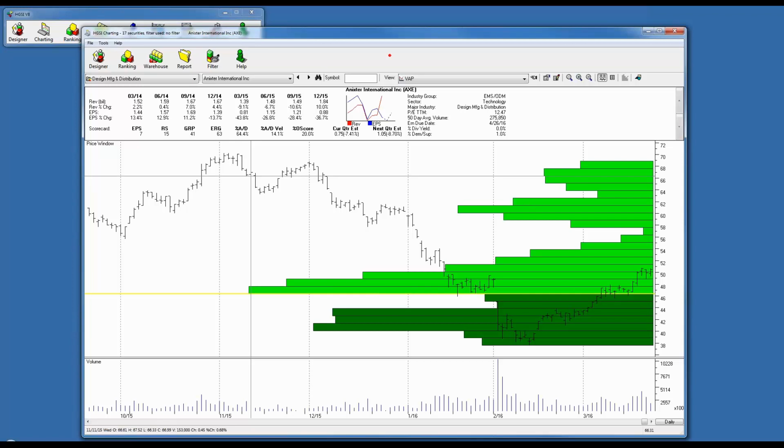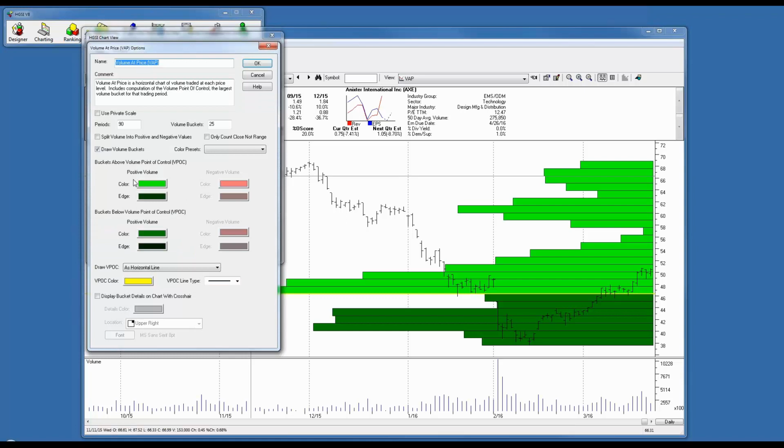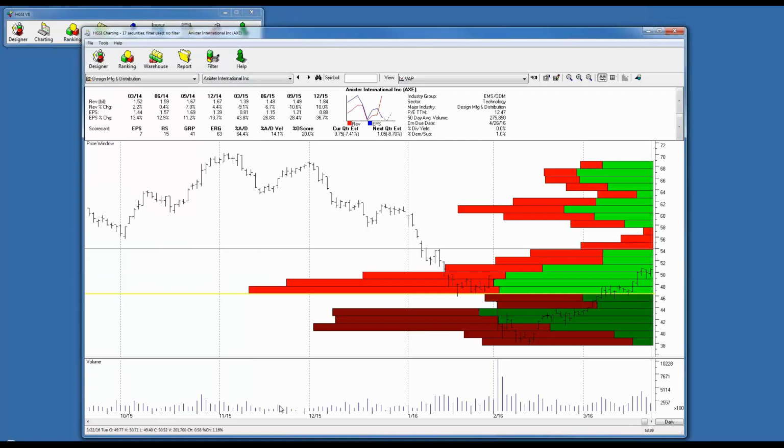The indicator also lets you count the volume using positive and negative values. So the idea here is that on any day where the close today is higher than the close yesterday, that's positive volume because the price moved up, so it's accumulating.